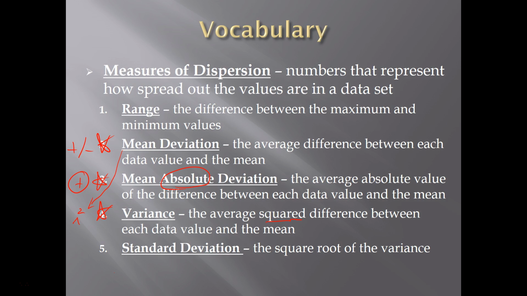Now, one of the things raising to the second power does, remember, is whether it's positive or negative. Anything to the second power, anything multiplied times itself will always be positive. So the variance will always be positive because a positive number squared is positive and a negative number squared is positive. So any number times itself is always positive. All right, so that's what variance is.